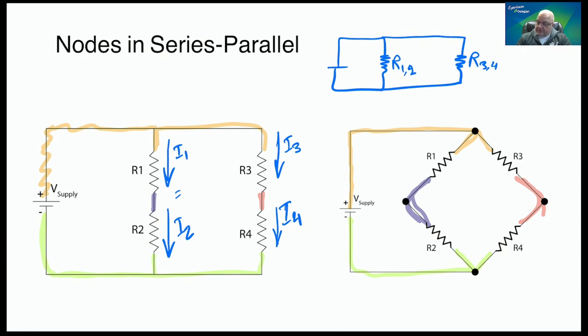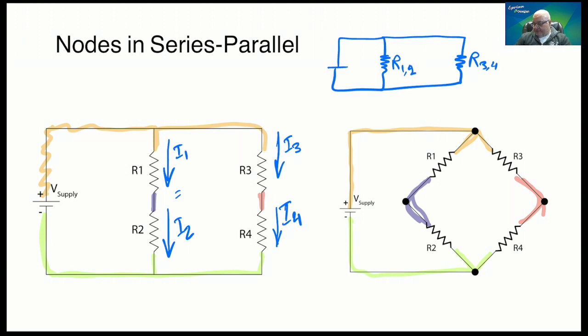So once we have this, we can treat them as two resistors in parallel. If you see a diagram in this shape, you should be able to apply the nodes principle to figure out which resistors are in series or in parallel with each other.